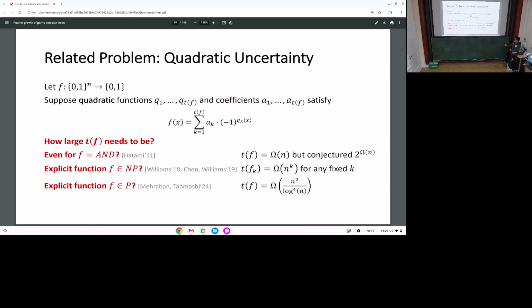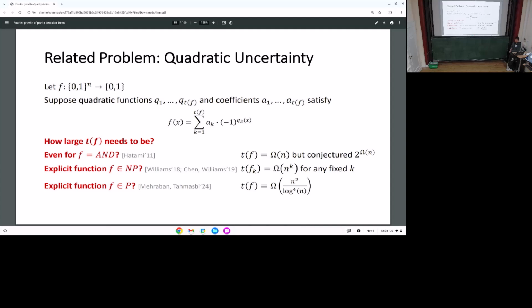And interestingly, this f is simple. It's a Hamming-weight mod 8 function. You input x, you take a look at its Hamming weight. If it's equal to 0 mod 8, you output 1, and otherwise output 0. This is a symmetric function, pretty simple, and it has a near quadratic lower bound.